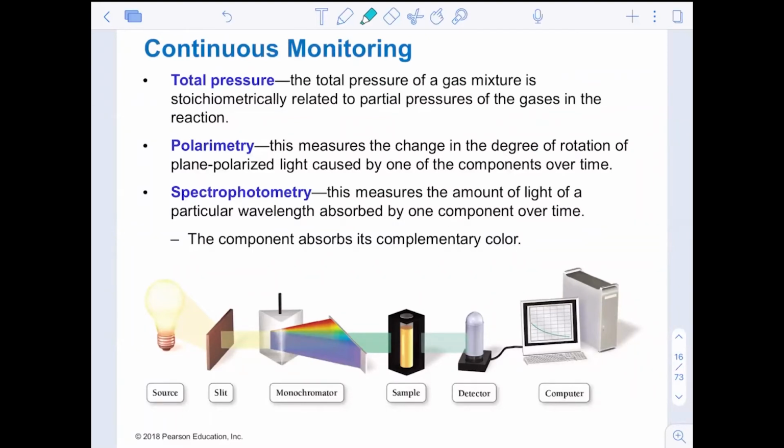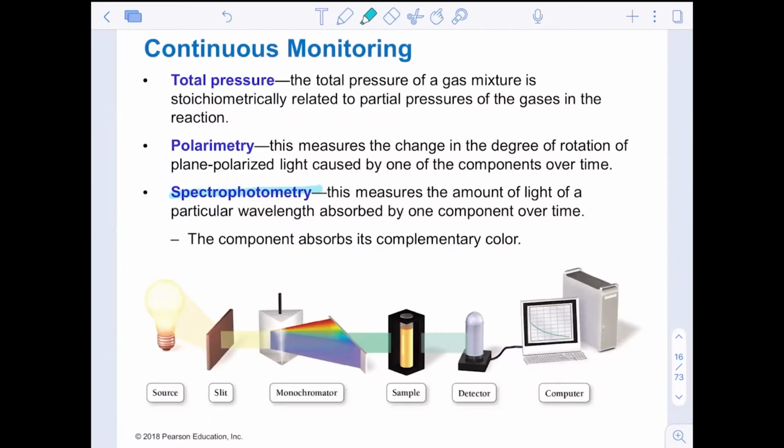Okay, a little bit more about continuous monitoring now. There are a couple of laboratory techniques that we can use for continuous monitoring. Probably the most prevalent one that you would see is spectrophotometry. This measures the amount of light of a particular wavelength absorbed by one component over time. So if a reactant absorbs light in the visible spectrum, or even in another specific range, the UV or infrared, things like that.